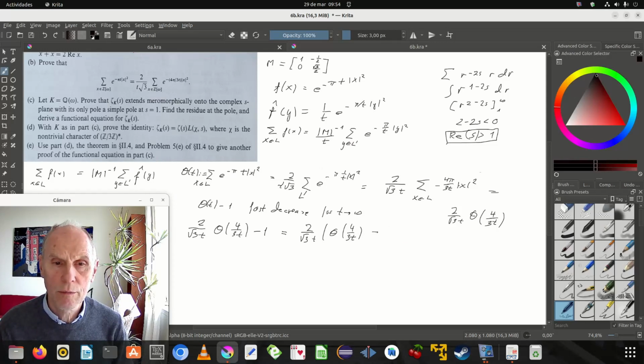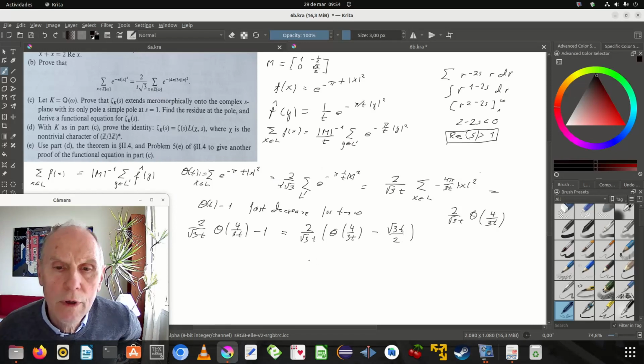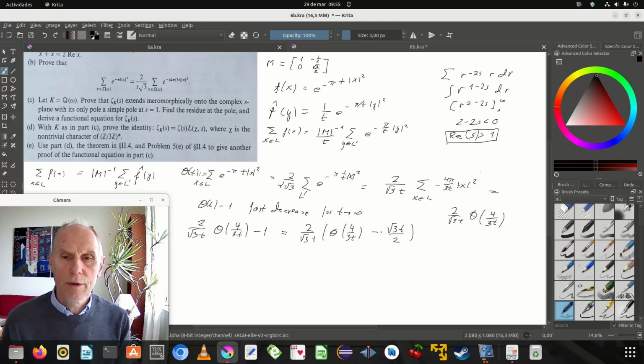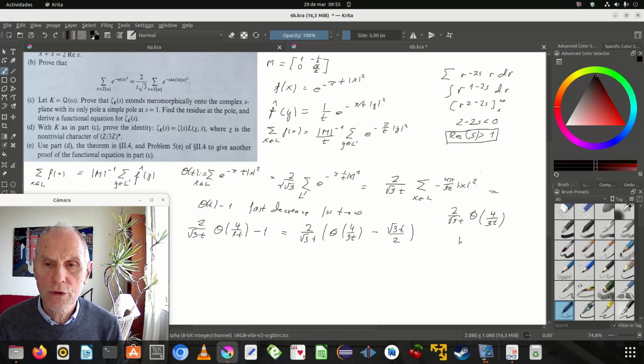That this guy has fast decrease for t tending to infinity, and taking the reciprocal, or rather we change variables so that u becomes 4 divided by 3t. That means t equals 4 divided by 3u.